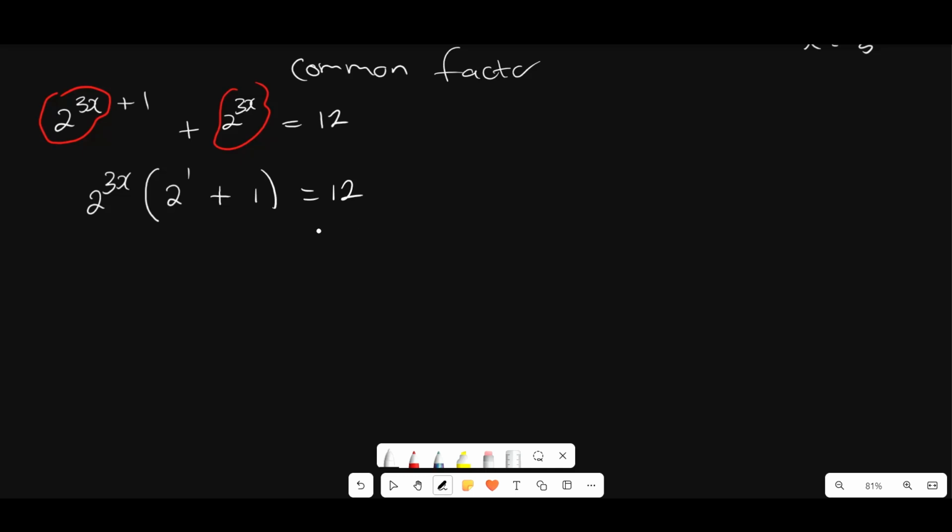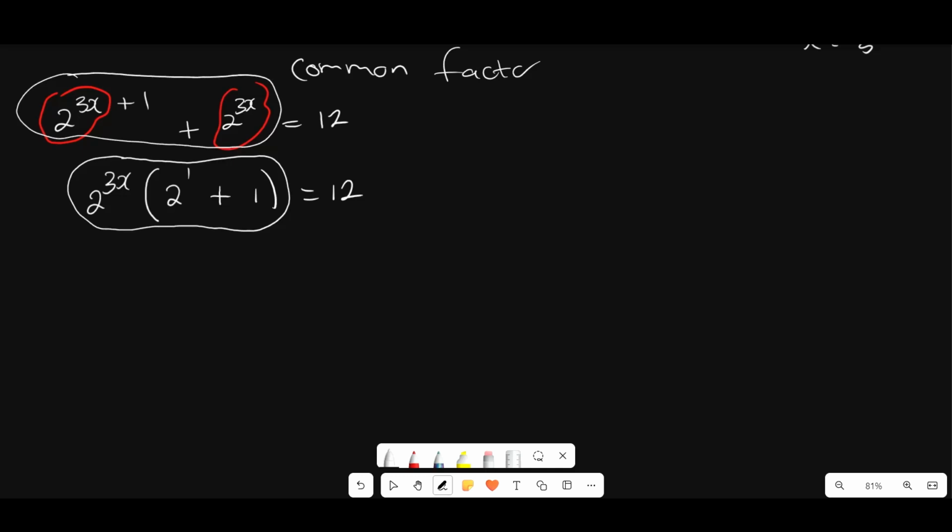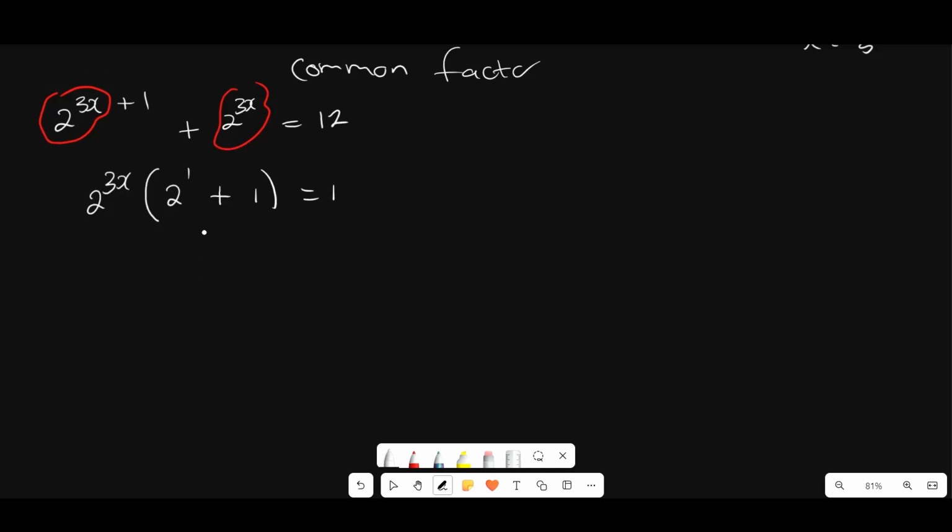I hope that makes sense. So this here is basically the same as this expression there. If you multiply inside, that times that gives us 2 to the power 3x plus 1, and that times that gives us plus 2 to the power 3x. That is what we mean by taking out the common factor.